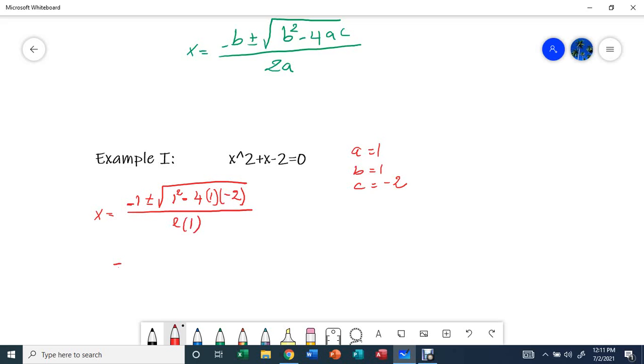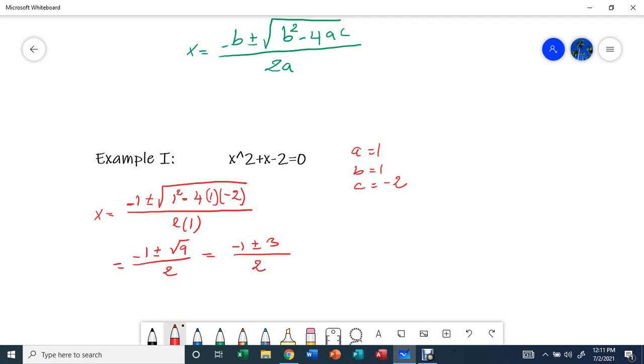And now let's simplify a little bit. So -1 plus or minus the square root of 1 squared plus 4 times 2, because -4 times -2 gives me +8, plus 1, it's square root of 9, divided by 2. So I get -1 plus or minus 3 over 2. The square root of 9 is 3.